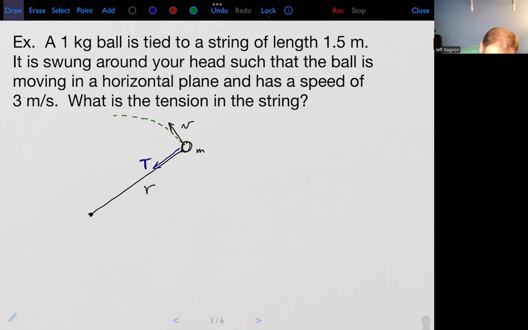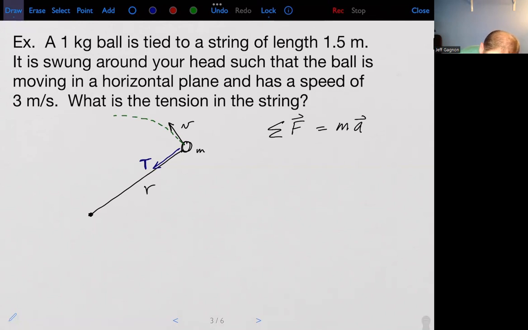Remember, Newton's second law says that the sum of the forces is equal to mass times acceleration. Really, these are vectors. In our case, we want to look at what's going on just in what's called the radial direction, which is towards the center.